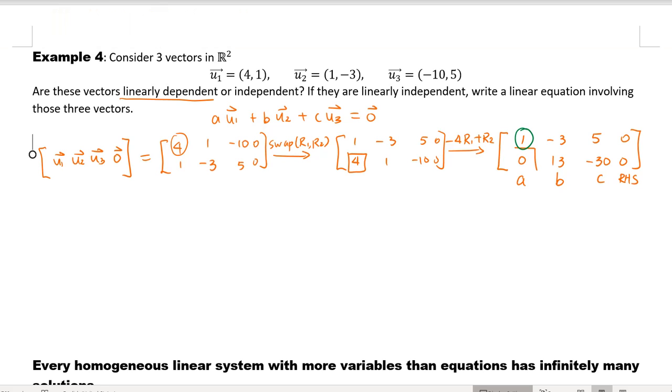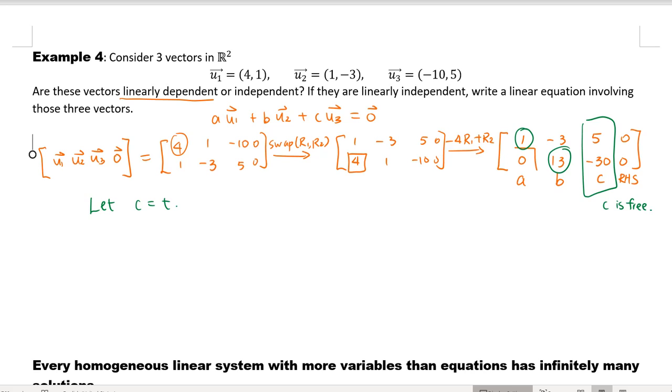Here we have a leading coefficient, here we have a leading coefficient, but this column has no leading coefficient. It means C is free, so we have infinitely many solutions. Good, because we know these vectors are linearly dependent. Of course we want infinitely many solutions, we don't want a unique solution, right? C is free, so let's set C equal to t.